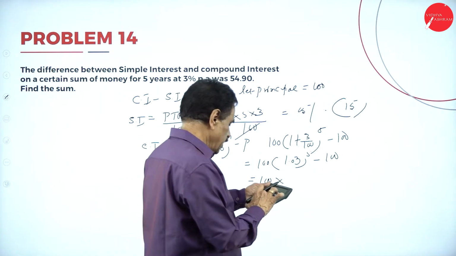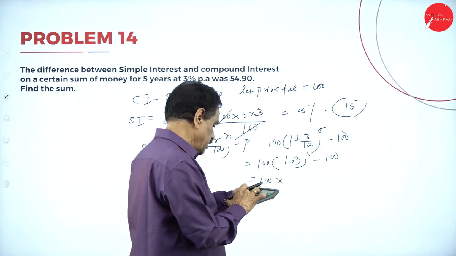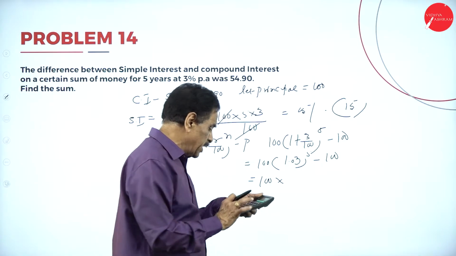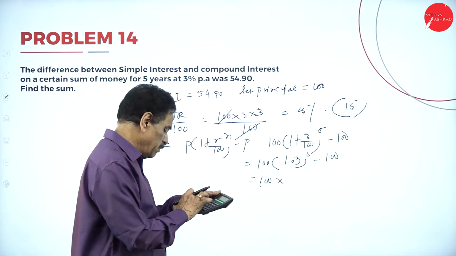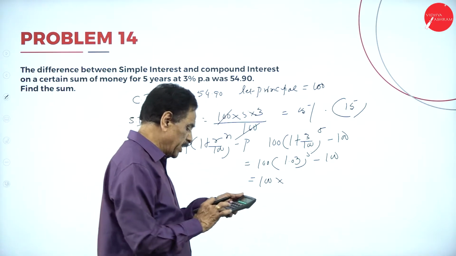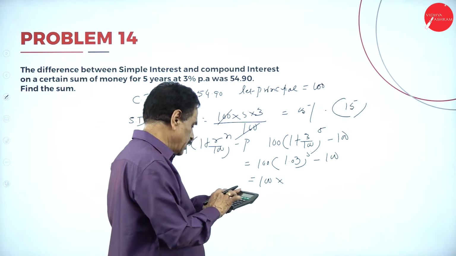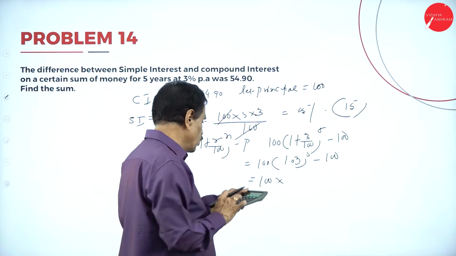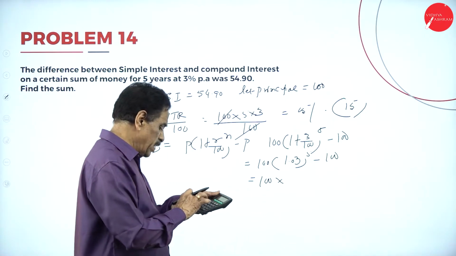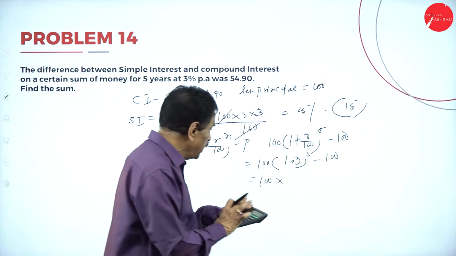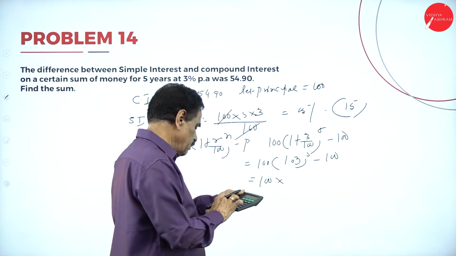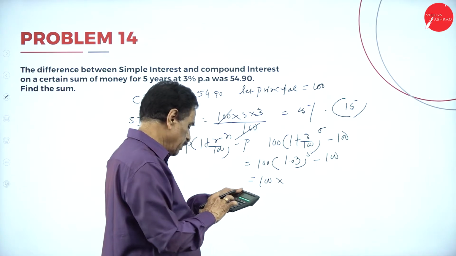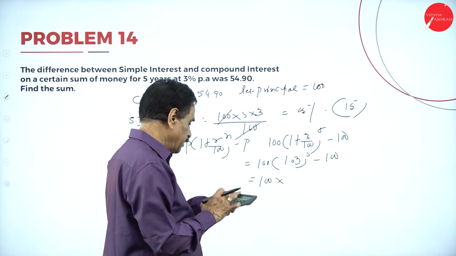1.03 one time into 1.03 two times into 1.03 three times into 1.03 four times into 1.03 five times.